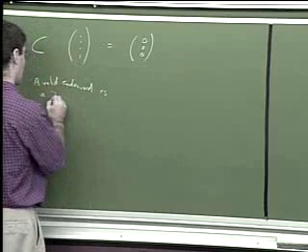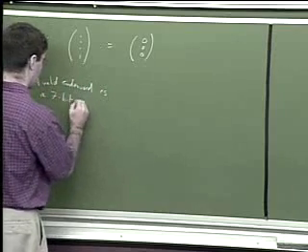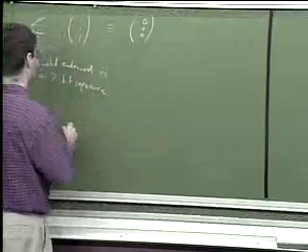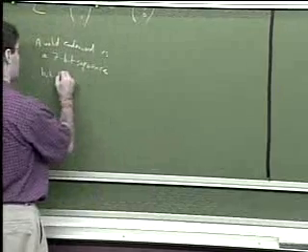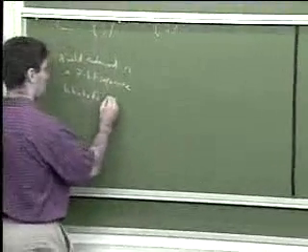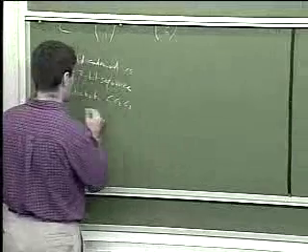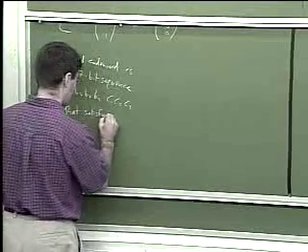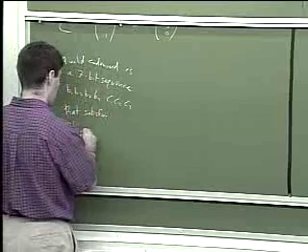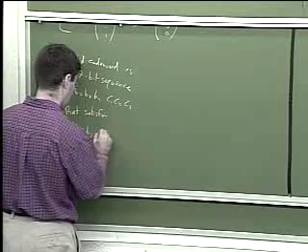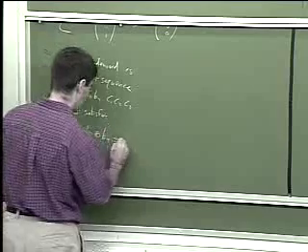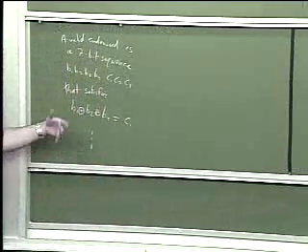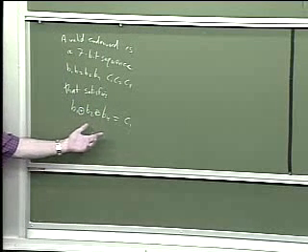a 7-bit sequence. So we have B1, B2, B3, B4, C1, C2, C3 that satisfies B1 XOR B2 XOR B4 equals C1, right? That was the code. So any valid code word satisfies this property.